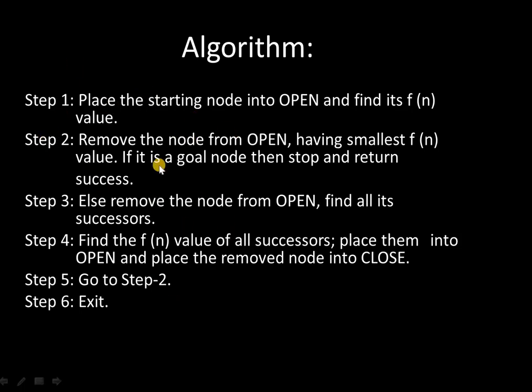So the checked nodes are taken to the array close, the others are kept in open, and we are traversing. Okay, I'll repeat again. In this algorithm, we start from an initial node, here it is S, and we place that node and find its successors. We find the f(n) value in each step, and we repeatedly pick the smallest f(n) value and check whether it is the goal, and the process is repeated.